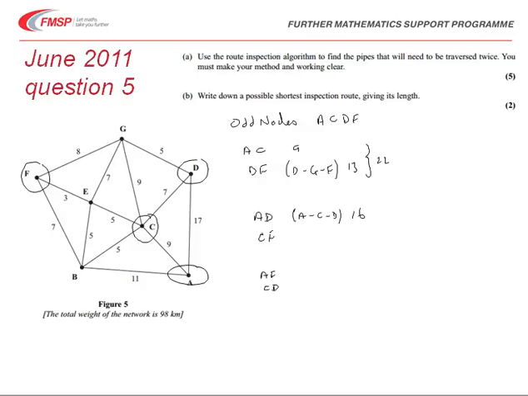From C to F, the route is CEF, and that is of length 8, giving a total here of 24.